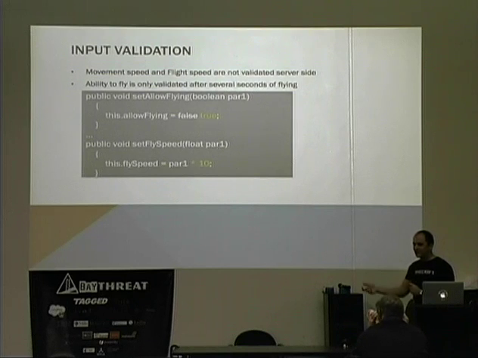There is a server-side check for this, especially for flight speed, but it only checks every like 4 seconds. So if you log into a Minecraft server, you can fly for 4 seconds, drop, fly for 4 seconds, drop, fly for 4 seconds, drop. And you can set the flight speed to be infinitely high as long as you iterate through that.